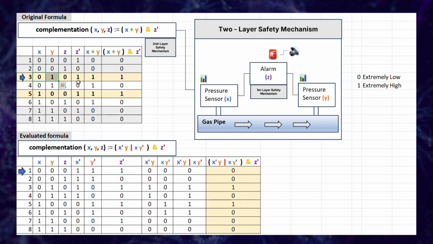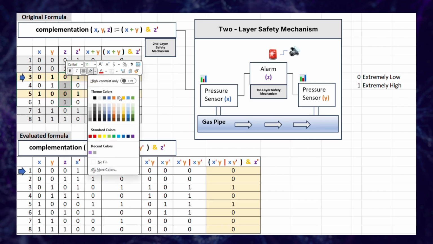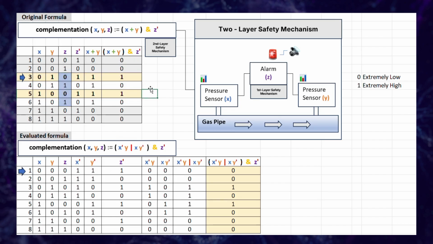But the problem here is this one. It's 4. It should only be 2 results, right? So we have to consider also the z. I thought of a way that if z is 1, do nothing.